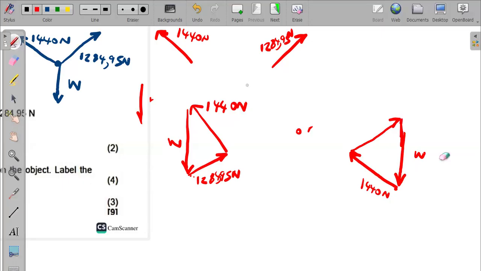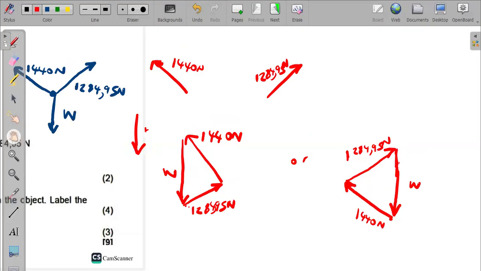Pardon my diagram here, it is a little bit poor. We have to do that especially with a ruler, so that your lines can be straight. That marks the 1,284.95. Make sure you are accurate with the digits there. If you notice, the directions of the separate forces we drew initially are still maintained on both of these closed vector diagrams.